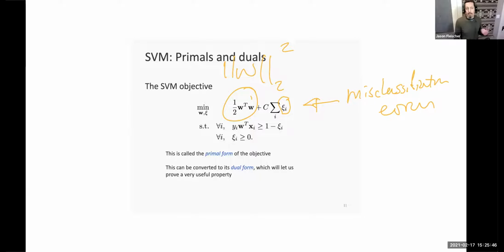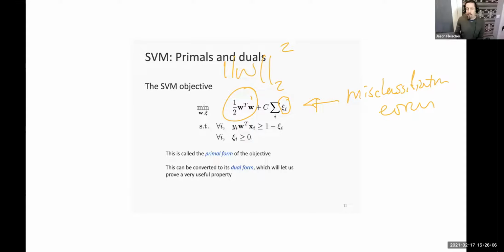Ignore the exact notation, but this is the nature of the support vector machine in the linear space, called the primal form. This is the regular old loss function.